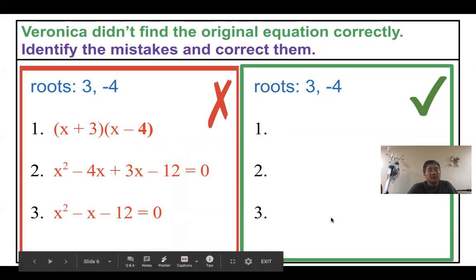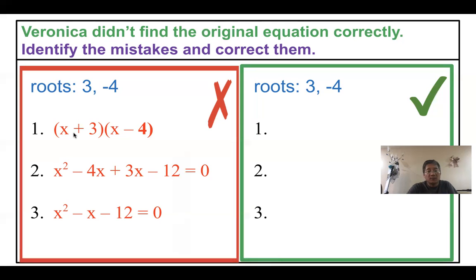All right, so let's do it together. So which step is wrong? Error. So if the root is 3, what is the factor? Is it x plus 3? If negative 4, is it x minus 4? No, right? It's the opposite. That's the error.